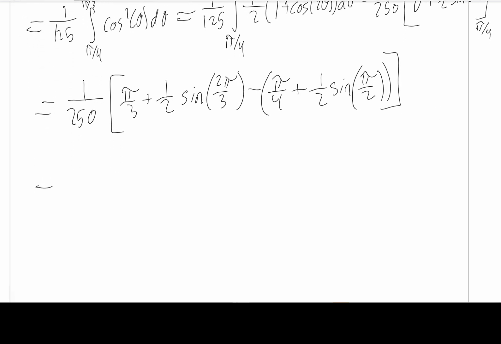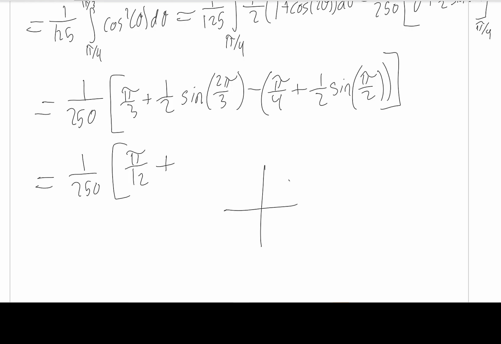So then this becomes pi over 3 minus pi over 4. That would be the same thing as 4 pi over 12 minus 3 pi over 12, so that's going to give us pi over 12. Plus sine of 2 pi over 3.